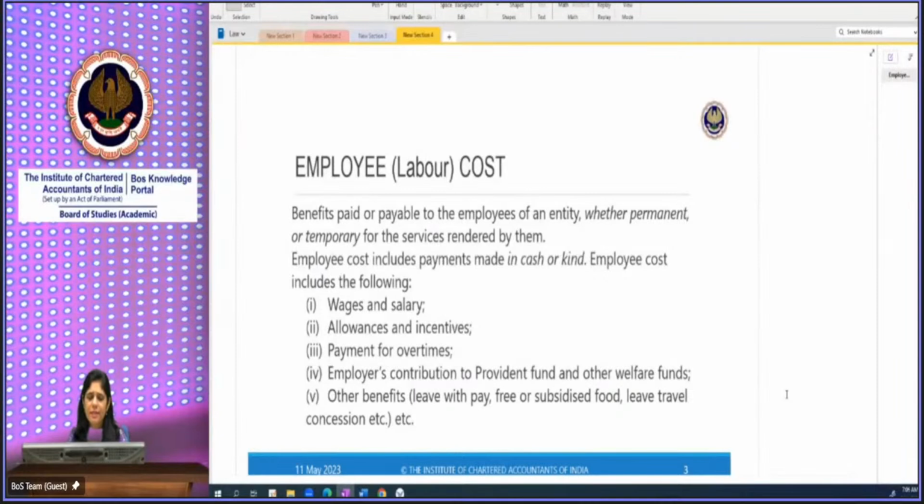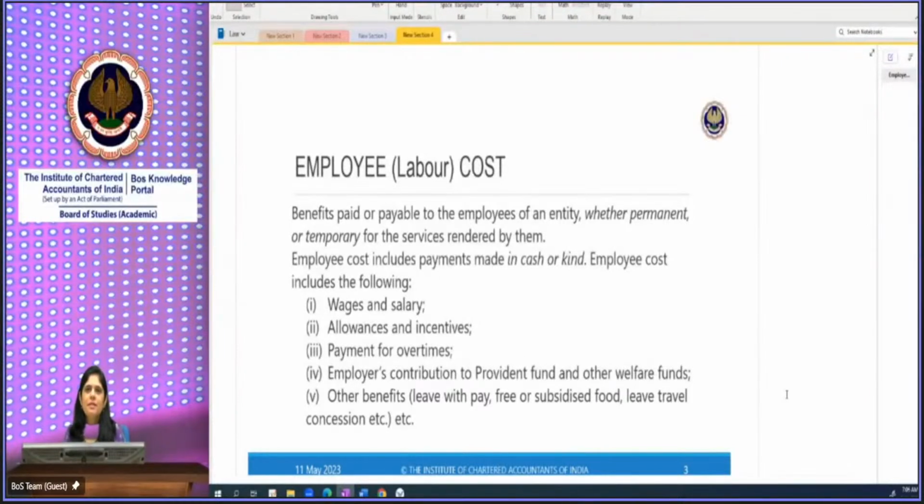Other benefits: leave with pay, holiday pay, food facility, leave travel concessions. So all the benefits, free lunches or free bus facility, free recreation, free club facility, free swimming pool facility. So there are so many facilities also being given to the employee, which is a benefit to the employee.